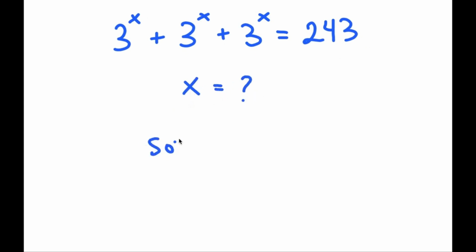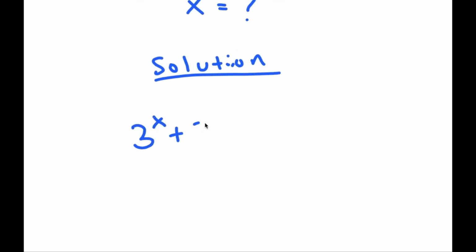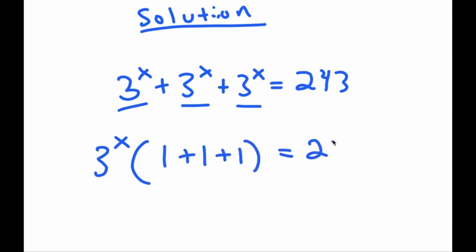So for my solution, I'm going to first start by factoring out 3 to the power of x from my left-hand side, because we have 3 to the power of x, the same term, 3 times. So I now have 3 to the power of x times, well, 3 to the power of x divided by 3 to the power of x is 1. So times 1 plus 1 plus 1 is equal to 243.